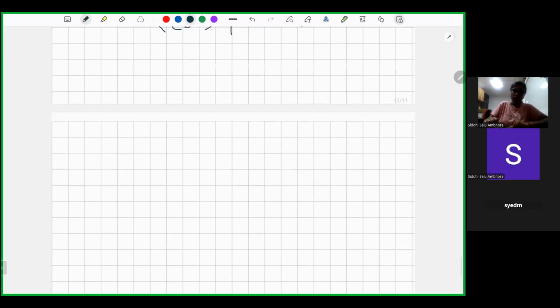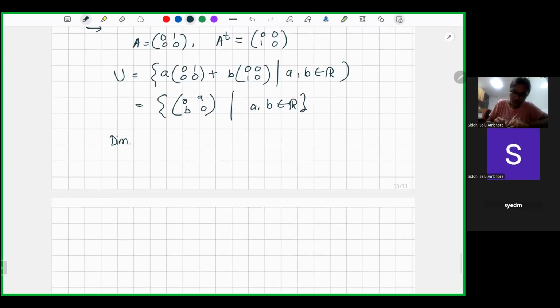So the dimension of U is 2 because it is generated by two elements.